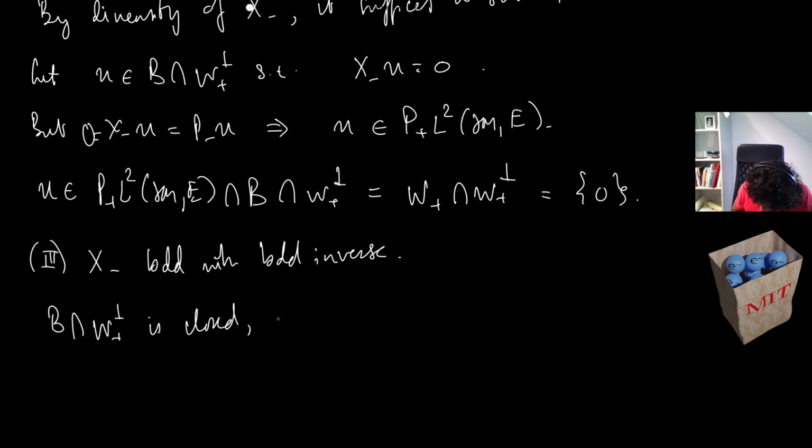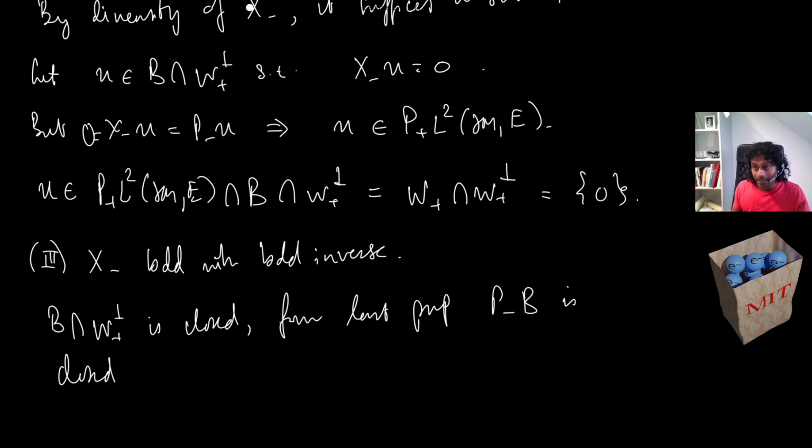We have from last proposition that P minus of B is closed. So in particular, they're Banach spaces with respect to the H half norm, right? Well, I should say in H half.